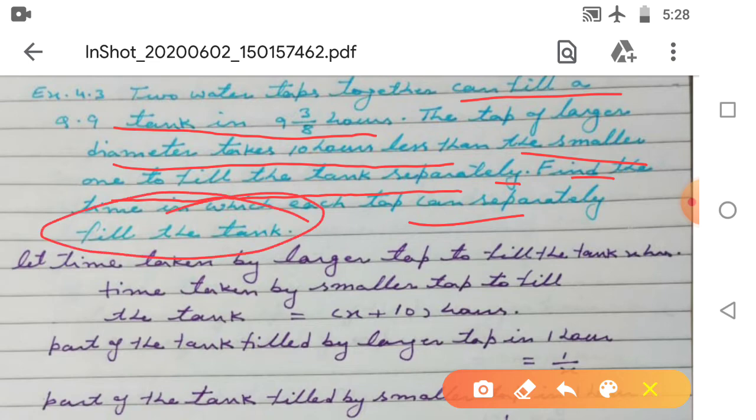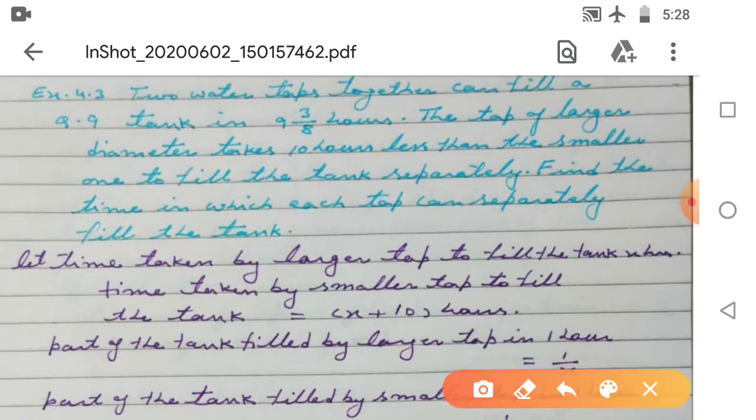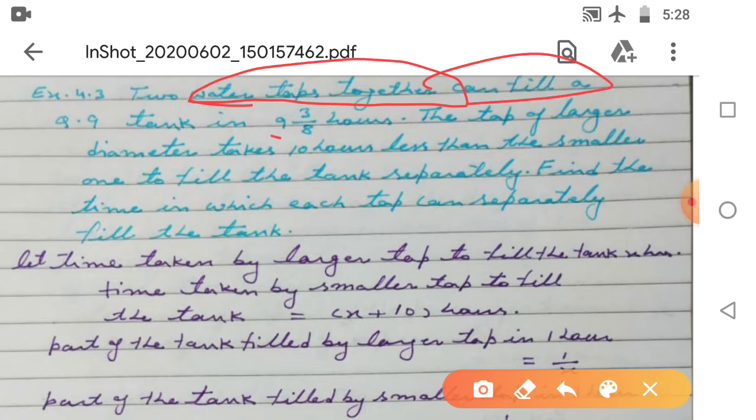Clear? Right. So, two water taps together can fill the tank in 9 3/8 hours. So, two water taps take 75 upon 8 hours to fill a water tank, clear.